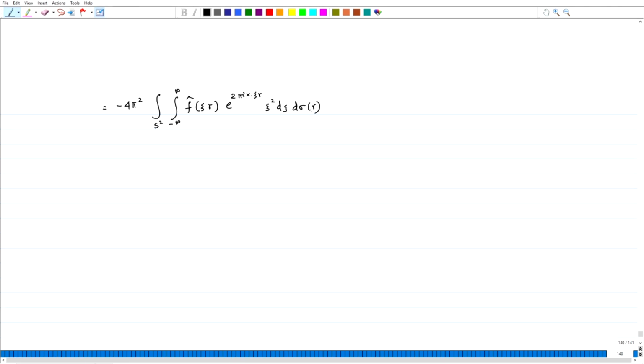Now, if xi is varying from 0 to infinity, we can write this as the integral over R^3. Now, how to do that?